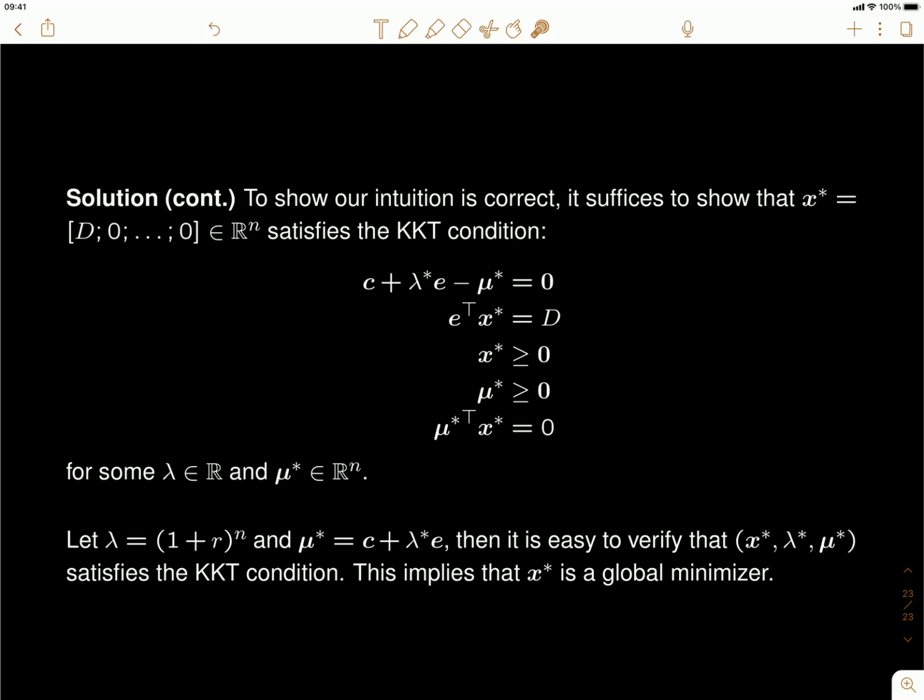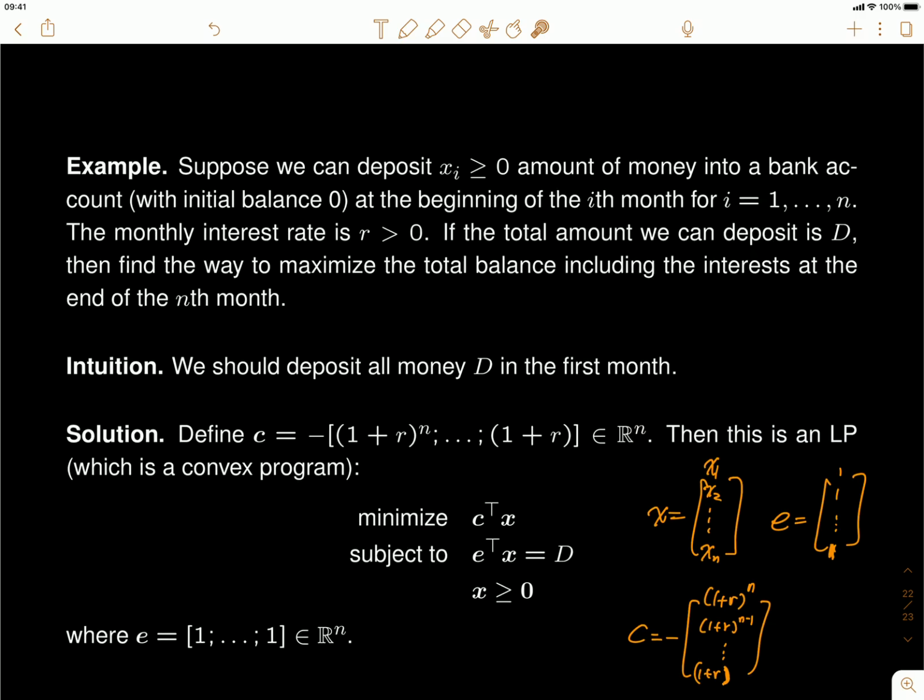And to do that, we just need to check if I choose my x star to be D, 0, 0. So that means I set x1 to D and all the other values to be 0. Then apparently this satisfies the constraint, right?